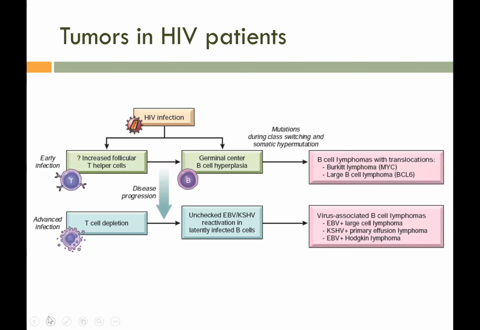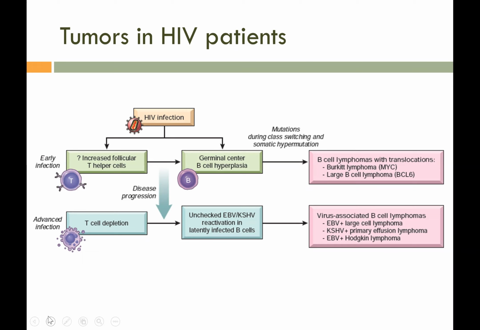Okay, so this is a model for the pathogenesis of B-cell lymphomas in HIV infection. HIV infection results in changes that may cooperate to produce B-cell lymphoma, and an increase in T follicular helper cells early in the course of the disease is postulated as well, but its basis is unknown.